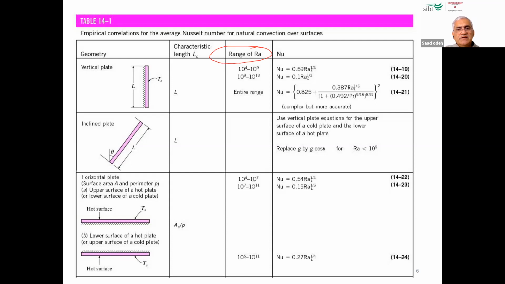Rayleigh number in natural convection. Based on this number, you choose the range. If the Ra is between these values, then you choose this formula. If it's in this range, then you use the second one. For the entire range, if you don't want to follow the Rayleigh number, you can use this formula.